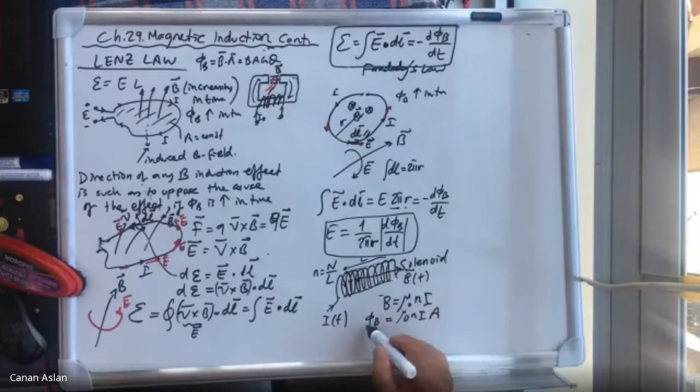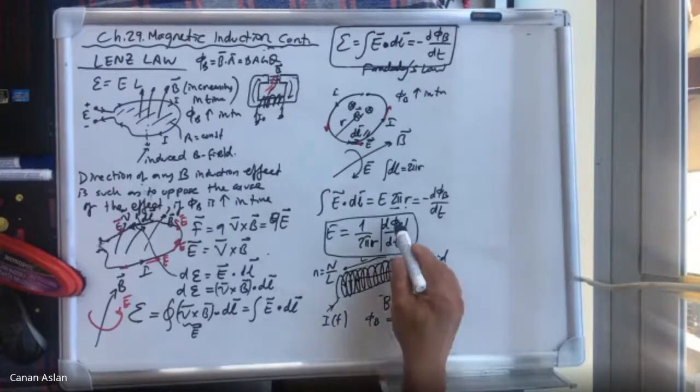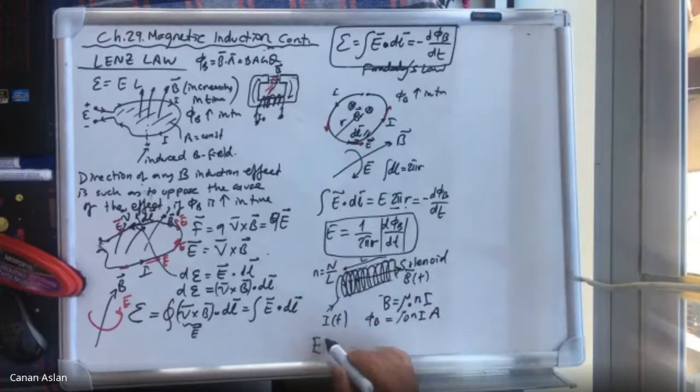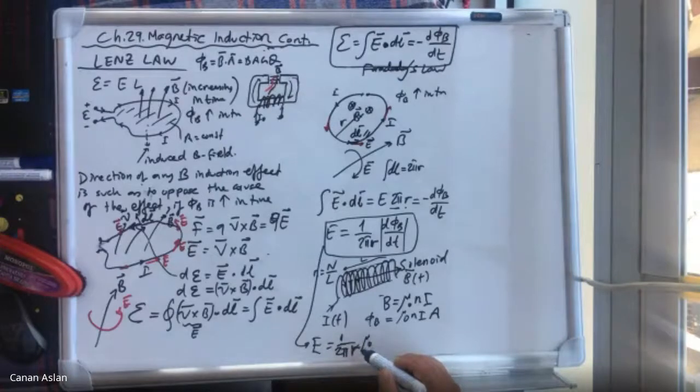So d phi B over dt, which is this part, will then be equal to 1 over 2 pi r times mu 0 n A times di over dt.